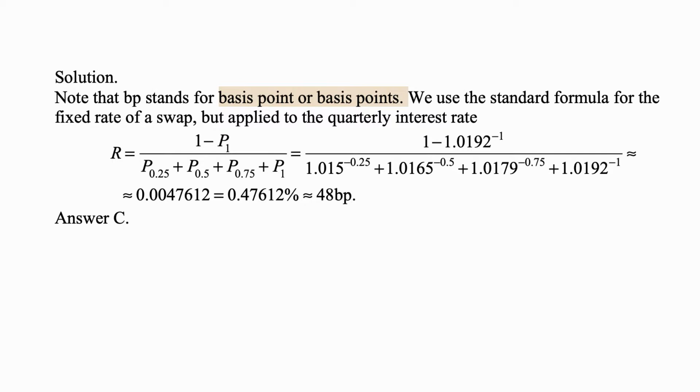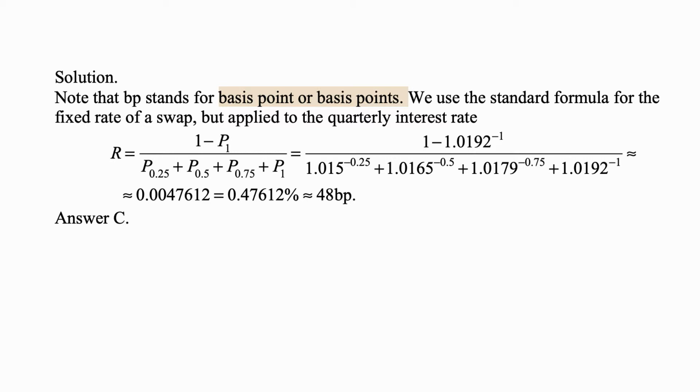So that is a confusing part of this problem. The rates given are annualized, but you will have to figure out a fixed swap rate as a quarterly rate. But anyway, you can kind of guess that has to be the case because you can see that the answer choices are much less as interest rates than the rates given for the spot yield curve.